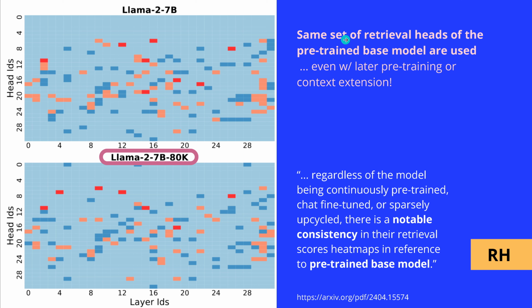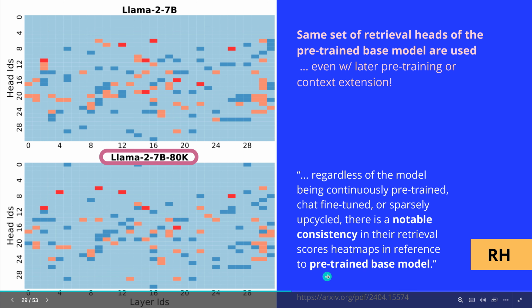It's not really the same set, because you saw we had 8 and just 7, and it's not the absolute identical position. So I think this is better: regardless of the model being continuously additionally pre-trained, or chat fine-tuned in addition, or sparsely upcycled, there's a notable consistency in their retrieval score heat maps in reference to the pre-trained base model.